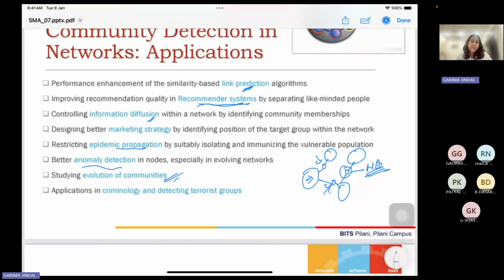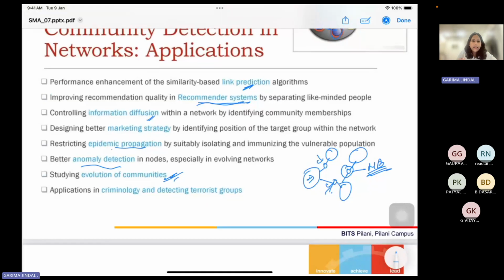For that area, the communities will be shrinking. Then maybe we can see that two interdisciplinary research areas are now merging. So you can identify the communities, analyze them over time, and identify these different patterns of how communities are emerging, spreading, and shrinking in size, and what the reasons behind that are. All this study can be done by identification of the communities.